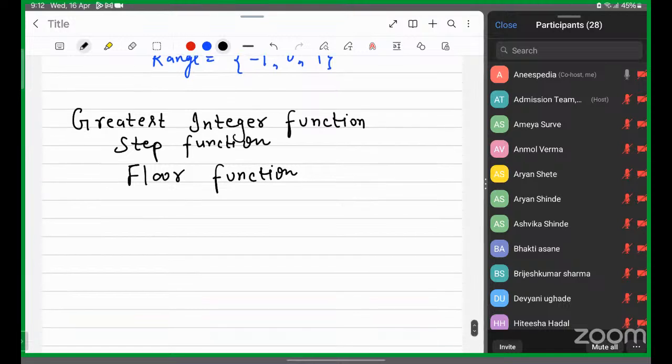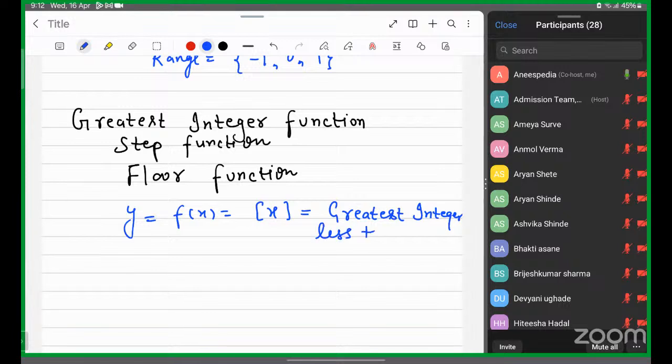Its definition is y is equal to f of x is equal to greatest integer x, which represents greatest integer which is less than or equal to x.